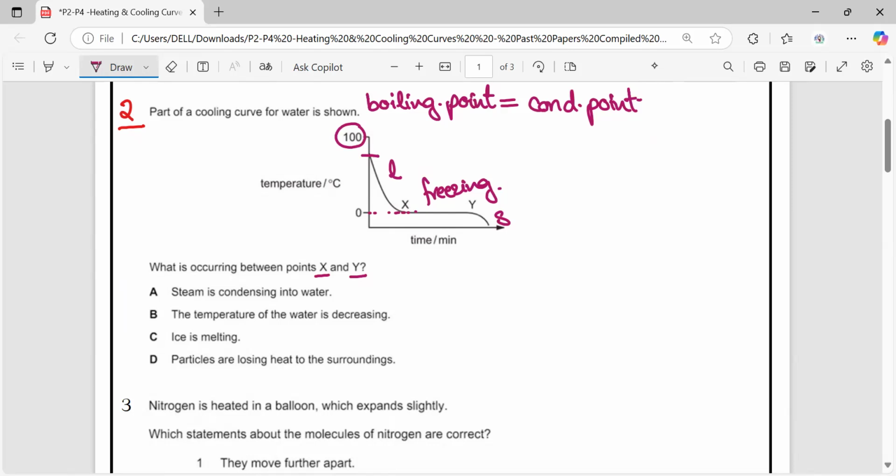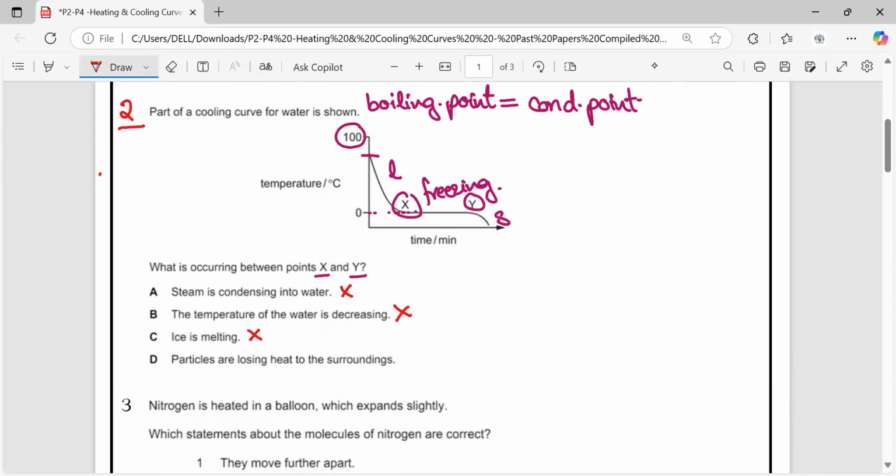So what is occurring between X and Y? Let's read. Steam is condensing into water. No, because here the liquid is changing into solid. The temperature of the water is decreasing. No, because here the temperature is the same. Ice is melting.